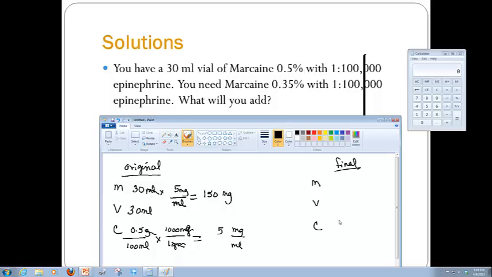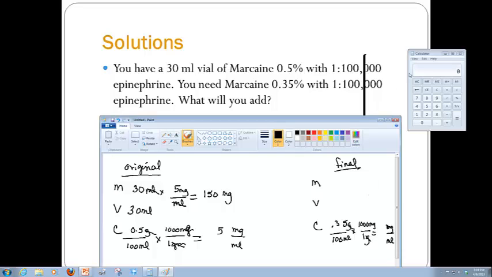What have they given us? They've given us the new concentration, which is 0.35 grams in every 100 milliliters. And since I'm working in milligrams, I'm going to say that there are 1,000 milligrams in every gram, which allows me to cancel grams, and gives me the answer in milligrams per milliliter.